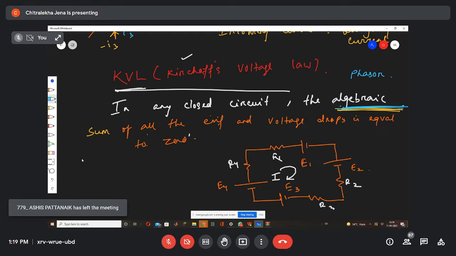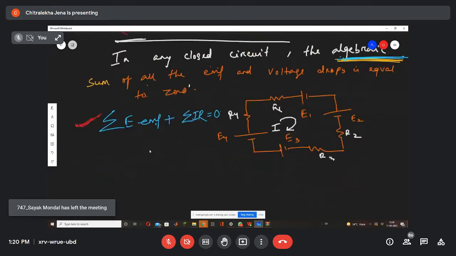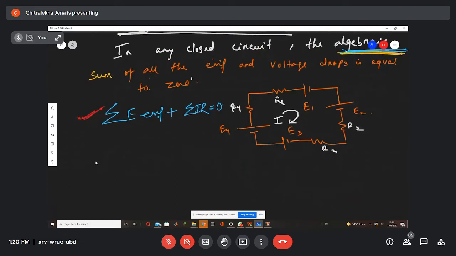Anyone can tell me? Summation of IR plus E1 plus E2 plus IR2 plus IR3 minus E3 minus E4 plus IR4 plus IR1 equals 0, according to Kirchhoff's voltage law. Yes, ma'am. This is correct? Yes or no? Yes. Okay. What is the summation of EMFs and summation of the IR?